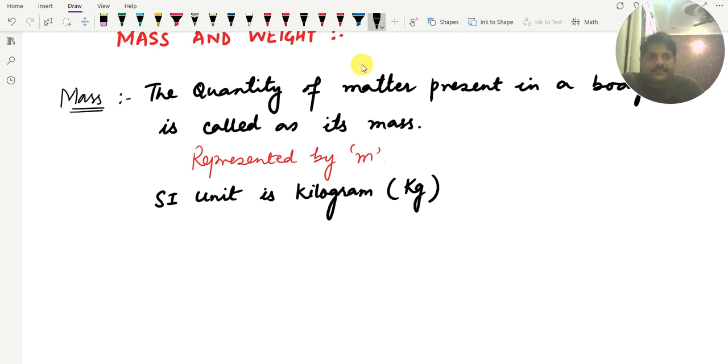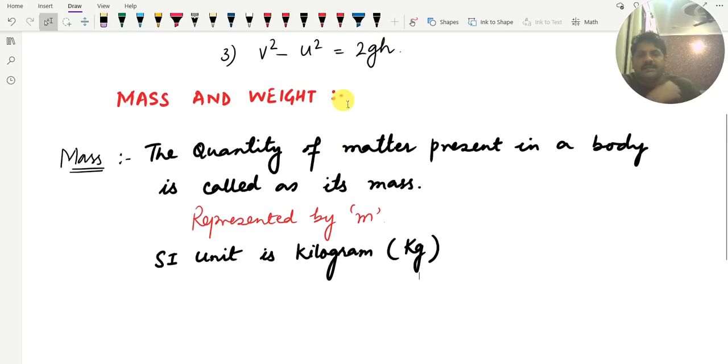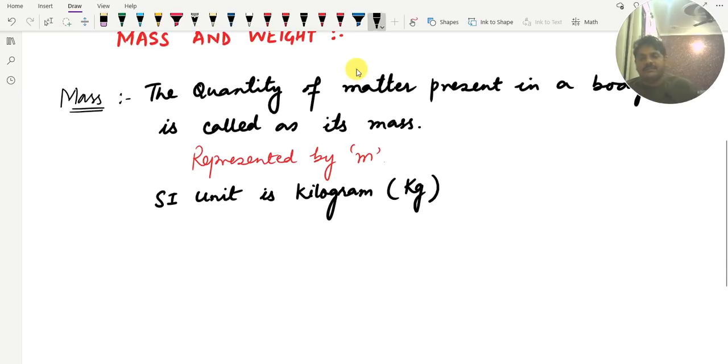Now if you look at this definition, the quantity of matter present in a body is called its mass. Because it is the quantity of matter, it is never going to change. It is going to remain the same everywhere. So the mass of a body never changes, it is always fixed.